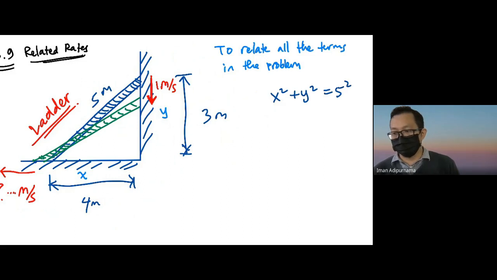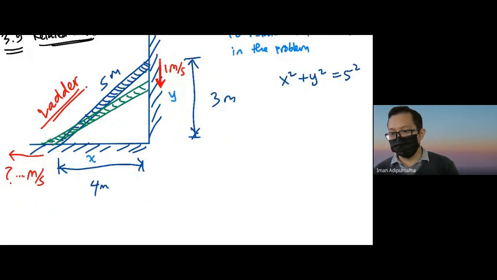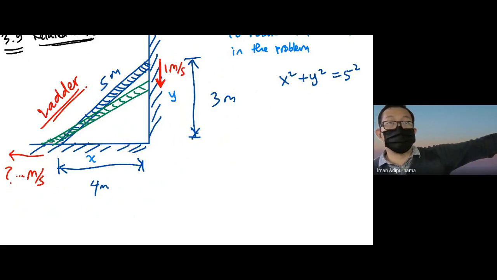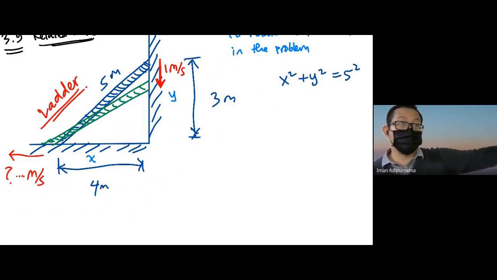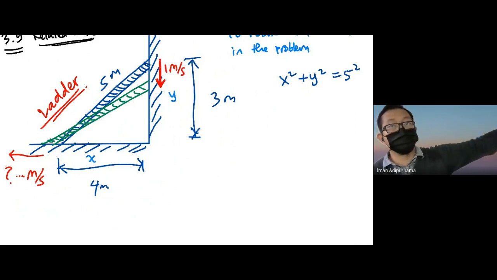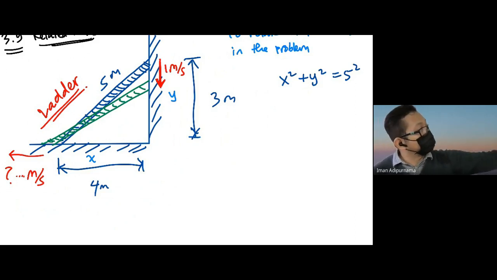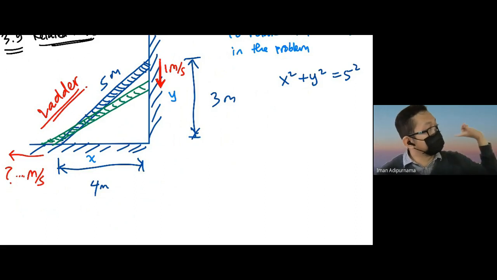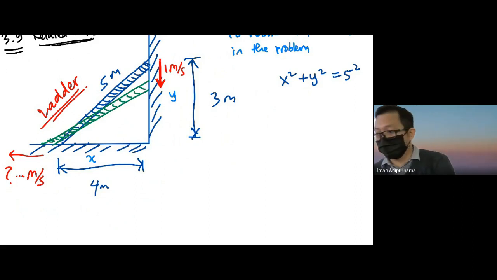Okay. Now, the idea here is, because all is in meters, you have another variable, which is time, because you are talking about velocity, right? The direction is going down, and it's asking how fast the ladder is going in the x direction to the left, right?